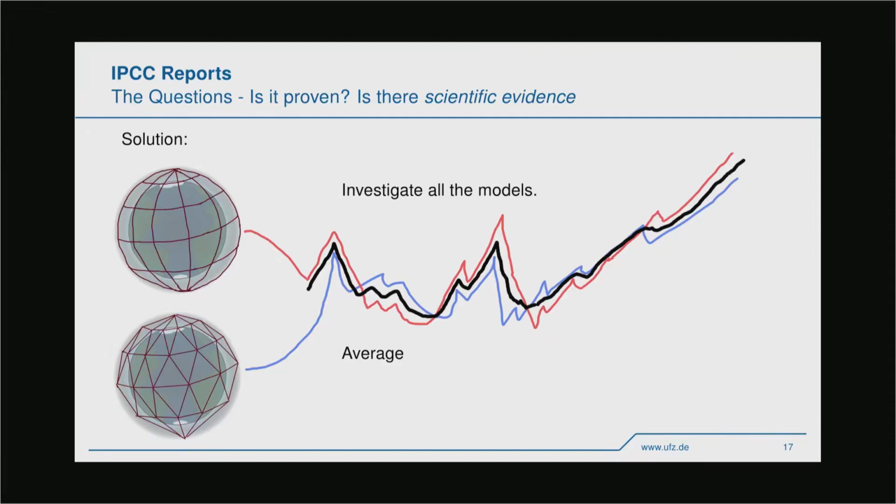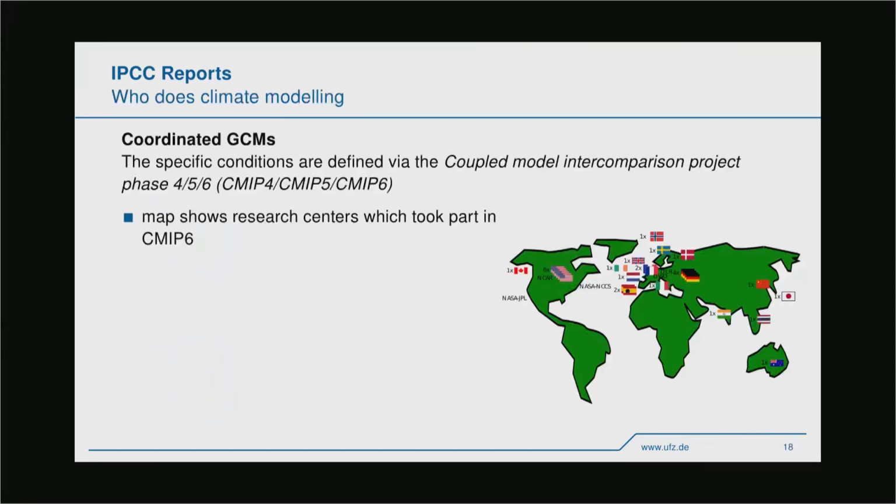So, what climate models do we investigate? They are so-called coordinated GCMs, so climate models are compared in so-called coupled model intercomparison projects in different phases. These coupled model intercomparison projects are called CMIP 4, 5, and 6.